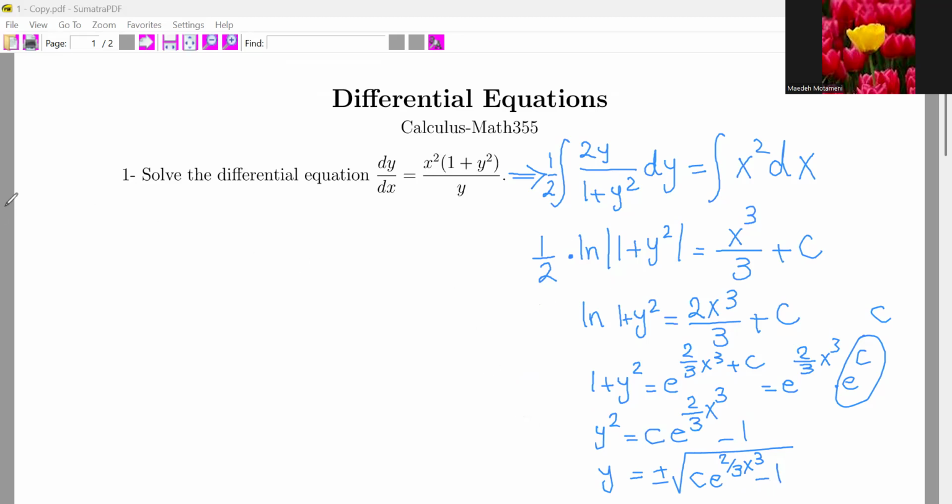For the integral, if you don't see that in this way, we had the integral of y over 1 plus y squared dy. So you can simply say that I would like to have u as 1 plus y squared, and du would be 2y dy.